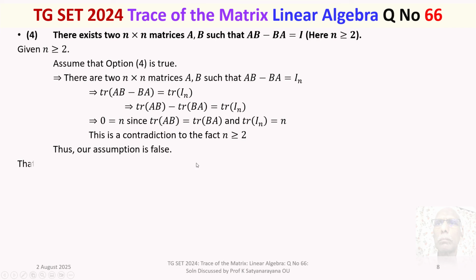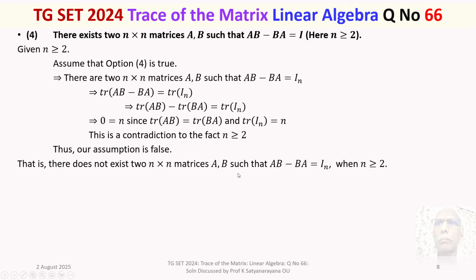So therefore, there does not exist two n by n matrices A and B such that AB minus BA is equal to I_n when n greater than or equal to 2. Thus, option 4 is false. And we are asked to find out that statement which is false. Therefore, the answer to this question is option 4.